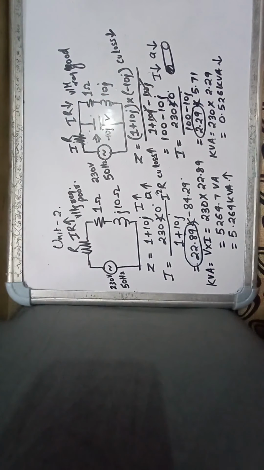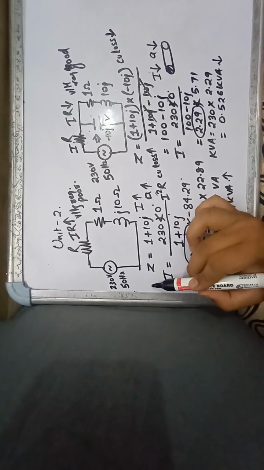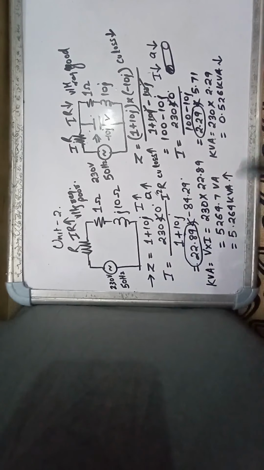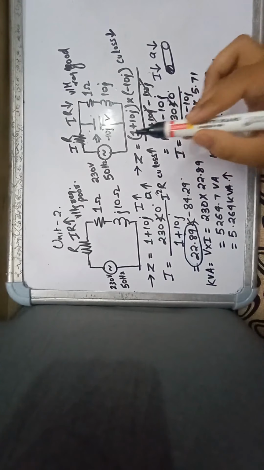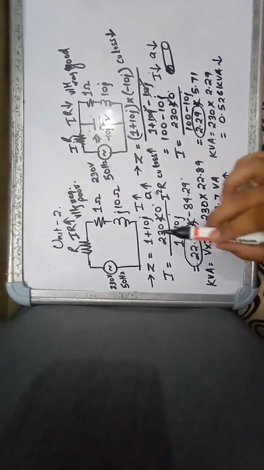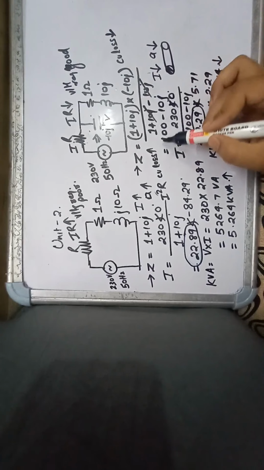So I still haven't said any word regarding your power factor. I have just shown you the advantage of adding a shunt capacitor. From a basic point of view, this shunt capacitor affects your impedance. If you are adding a capacitor here, what happens to the impedance?